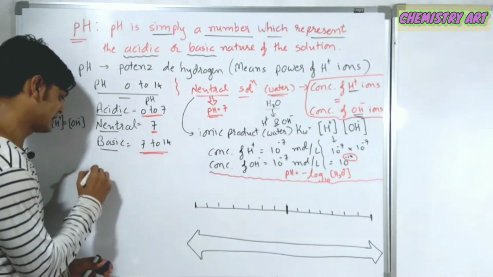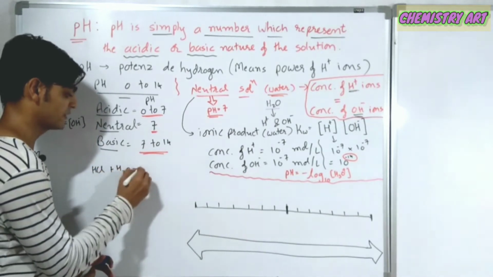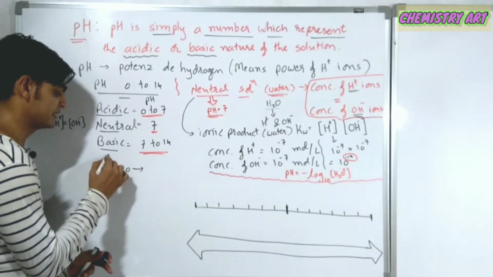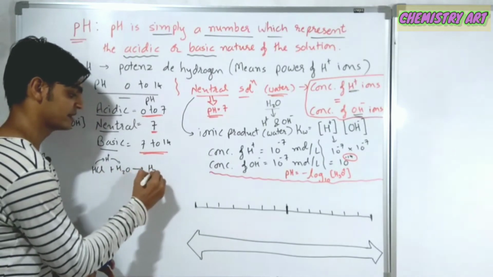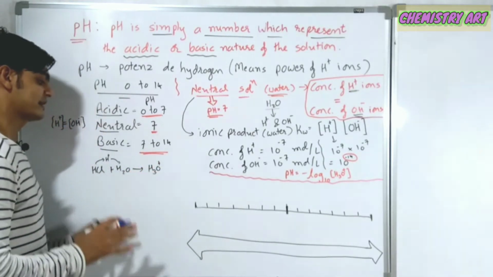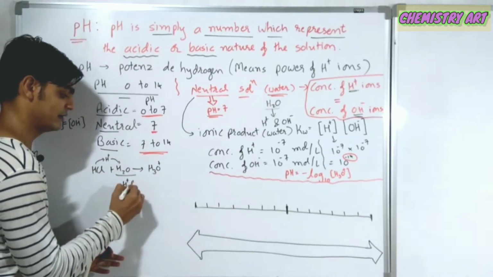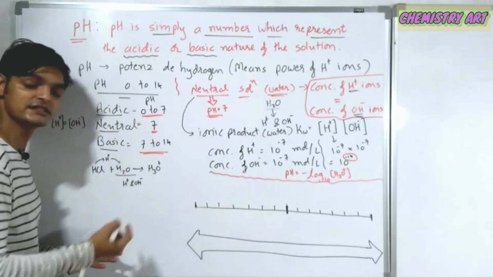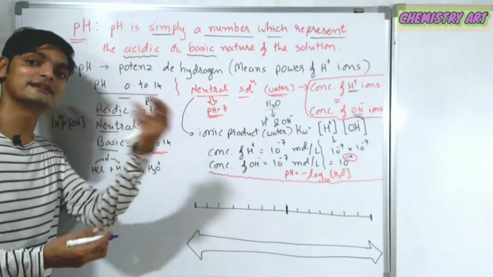When we add HCl, for example, into the water, what will happen? From HCl, the H plus will be released, and the H plus will be added to the H2O, forming H3O plus. So in H2O the H plus was there and OH minus was there, but now one more H plus is added, so the concentration of H plus is increased.